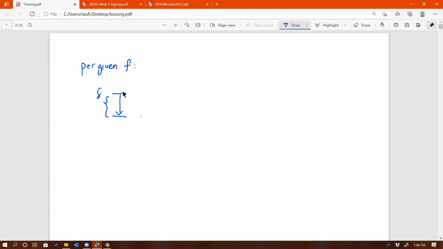So if I assume that the wire is round, the cross-sectional area is a circle, and here's the radius of the wire, then that's about the same.